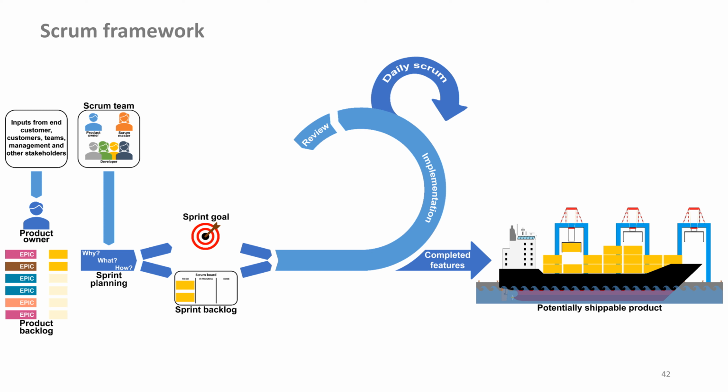The stakeholders tell us what the outcome is from the experiment. Was it good? Was it bad? Do we need to adjust something? Then we react to that. In the sprint review, you do that together with the customer.